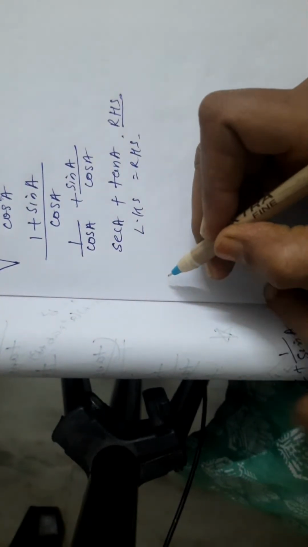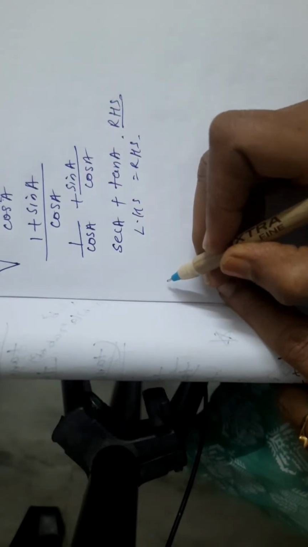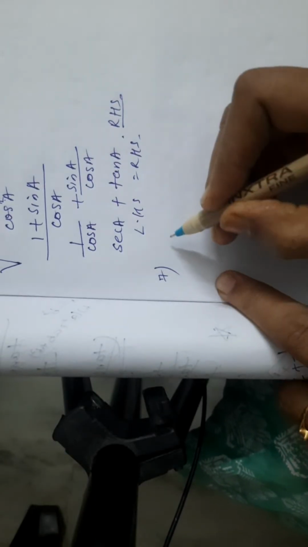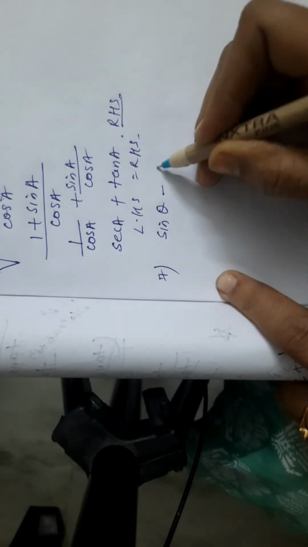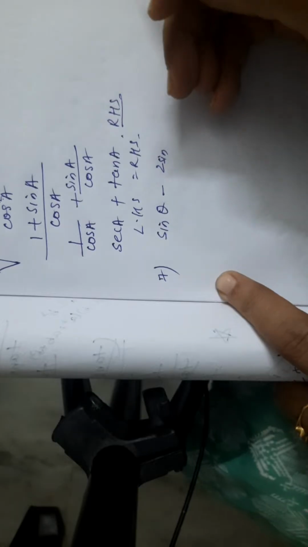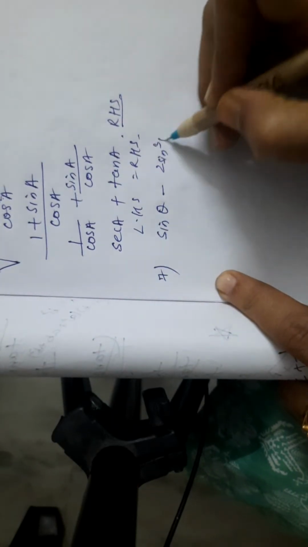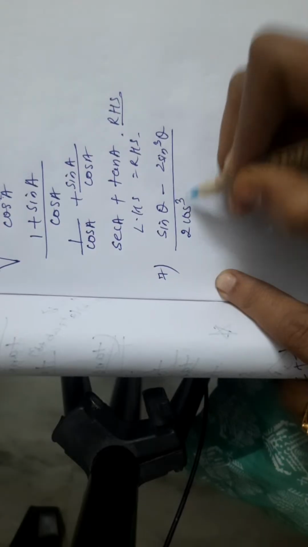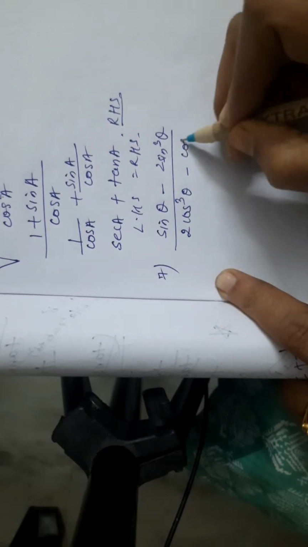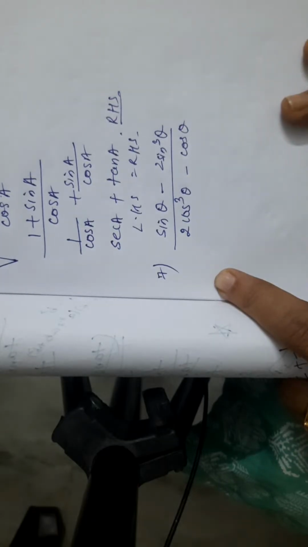Question number 7 now. The 7th question is (sin theta minus 2 sin cube theta) upon (2 cos cube theta minus cos theta).